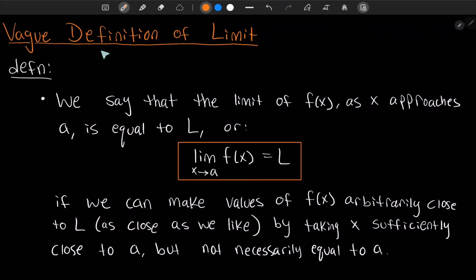So as a vague definition of a limit, and this is vague because I'm leaving the more rigorous definition for a later section, we say that the limit of f of x as x approaches a is equal to L, or in more mathematical notation, this phrase written in the orange box.